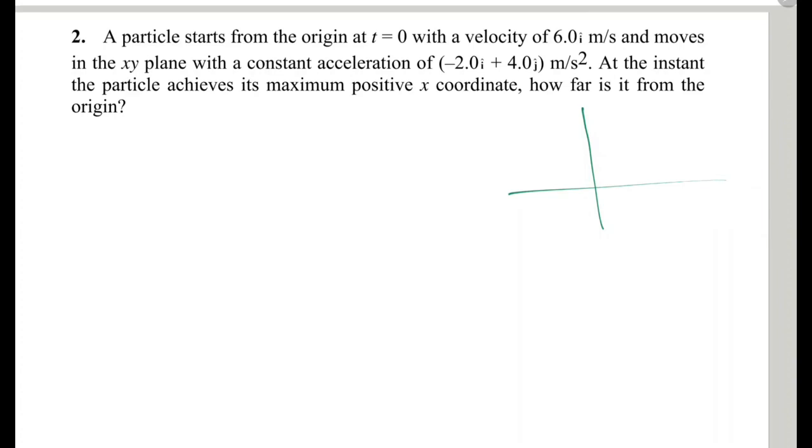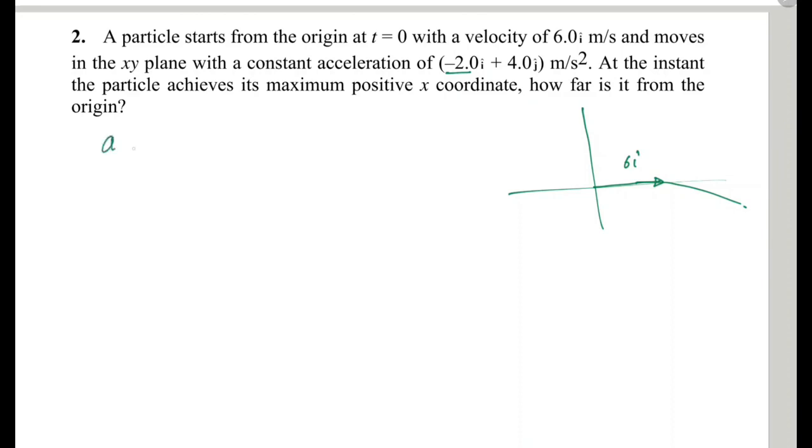We have a particle moving with velocity 6i hat in the xy plane like this one here. The acceleration is constant, ax equals minus 2, ay equals 4. The question is, how far is it from the origin for that particle?